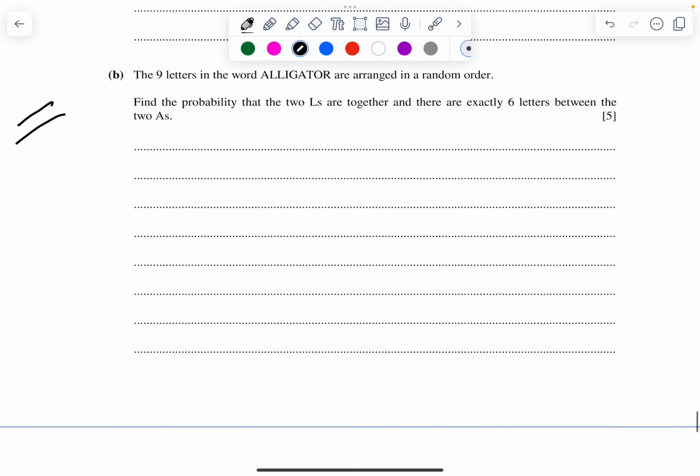Coming to question number B. The 9-letter word alligator is arranged in a random order. Find the probability that two L's are together. Both the L's are together, so L and L. And there are exactly 6 letters between two A's, A and A. If A and A are gone, L and L are gone, what am I left over with?